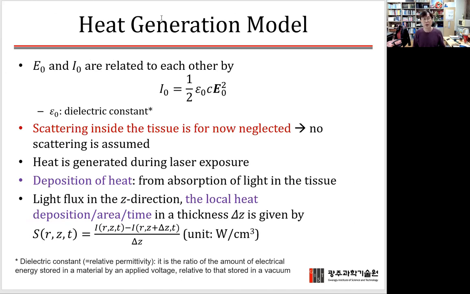So the relation between the E sub 0 electric field and the light field intensity is shown here. And as I said, it is proportional to the electric field squared.